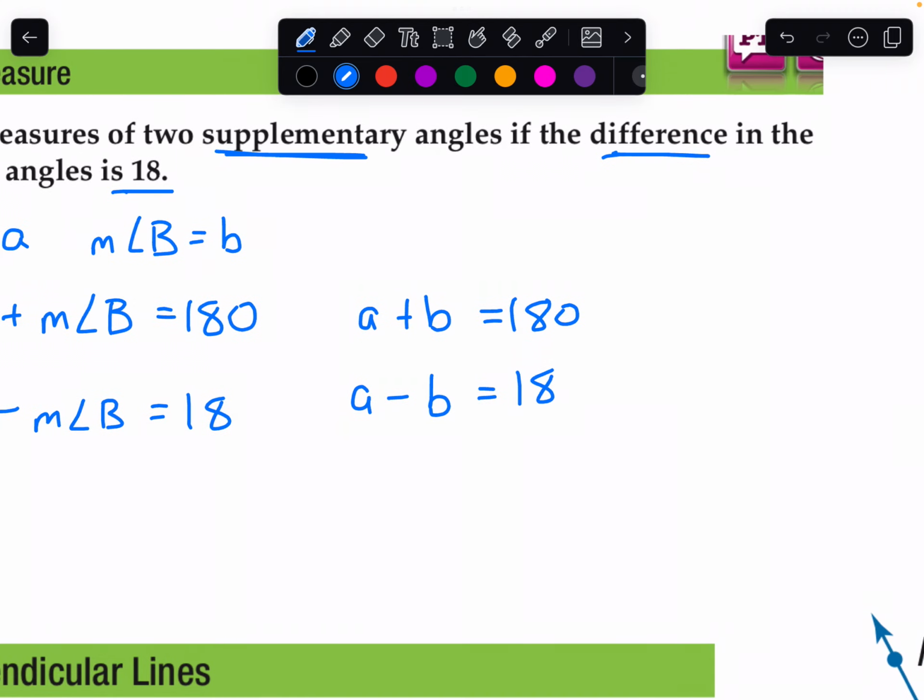Let's use a good old substitution here. If A plus B equals 180, then A is equal to 180 minus B. And I'll substitute that into the second equation.